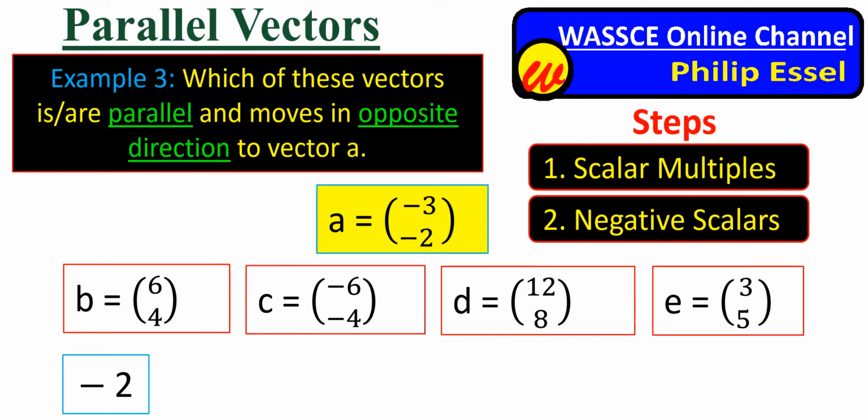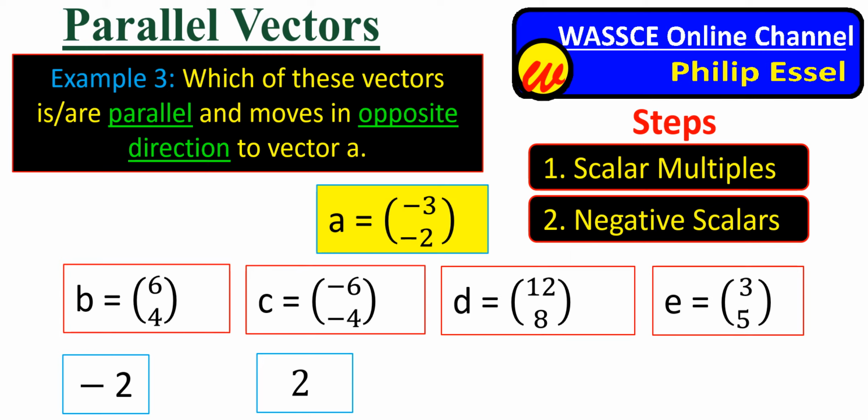What this means is that the vector B is a scalar multiple of the vector A. Now let's go to the vector C. When you compare the C to the vector A, you realize that the C can be gotten from the vector A by simply multiplying the vector A by the number 2, which means that C is also a scalar multiple of the vector A.